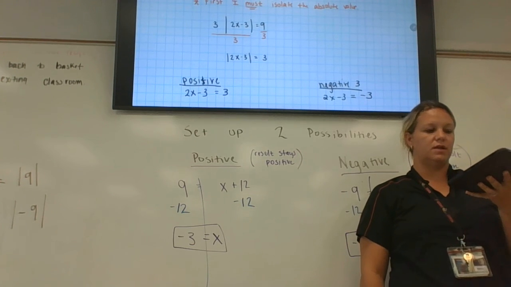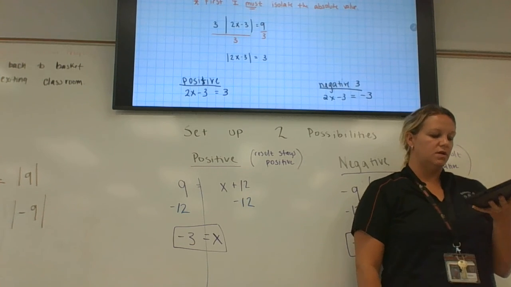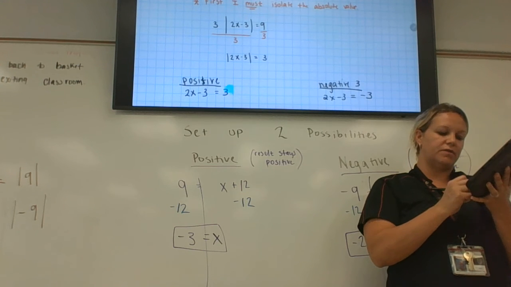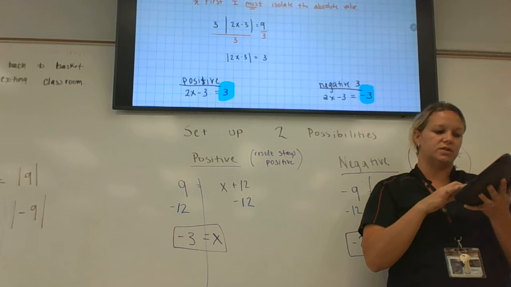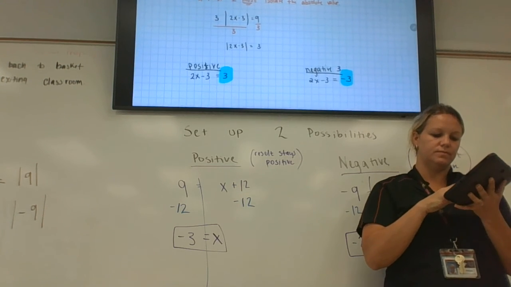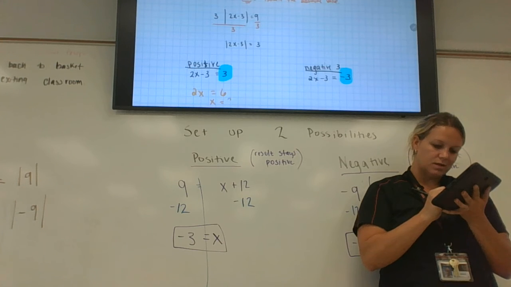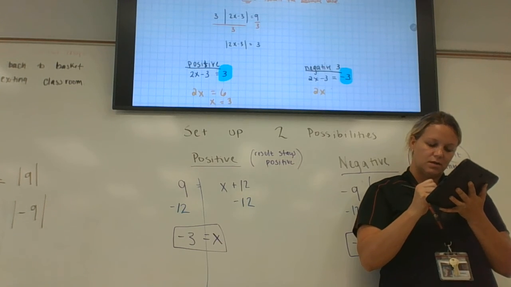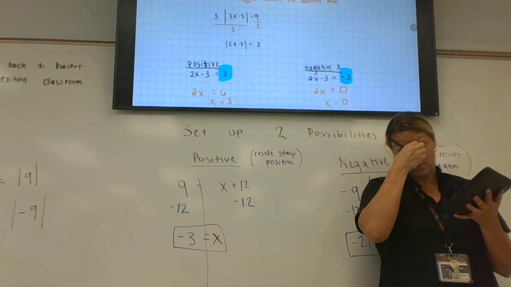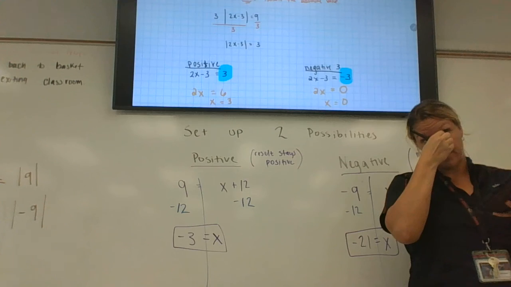So we isolated the absolute value. We did a positive 3 result and a negative 3 result. Zero. Our answers are 3 and 0.